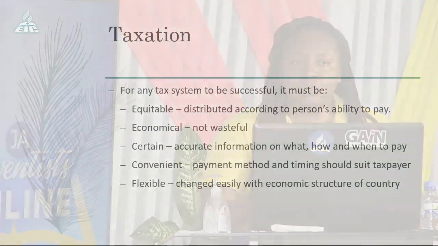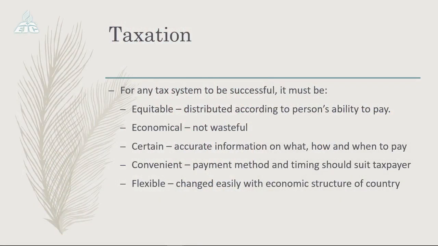The system should also be certain in terms of you have accurate information as to how you're going to pay it, where you're going to pay it, why you're going to pay it, and when you're going to pay it, right? So the tax system must be certain. It must also be convenient to you. So the payment methods that are used to pay these taxes must be convenient to you.